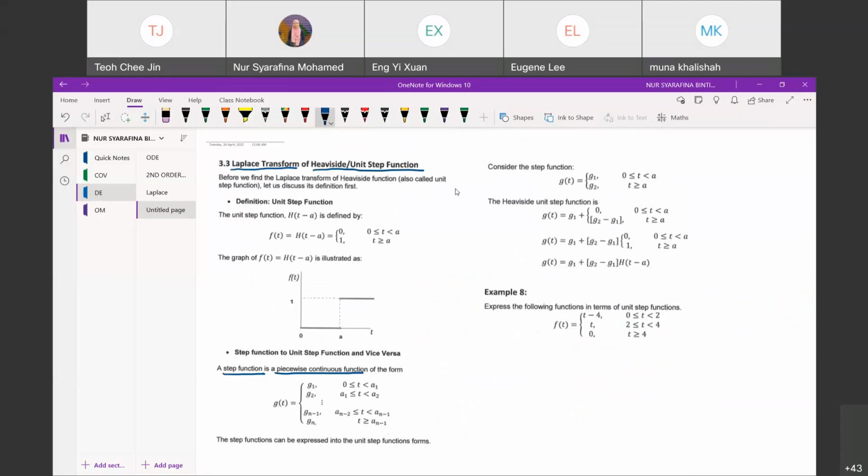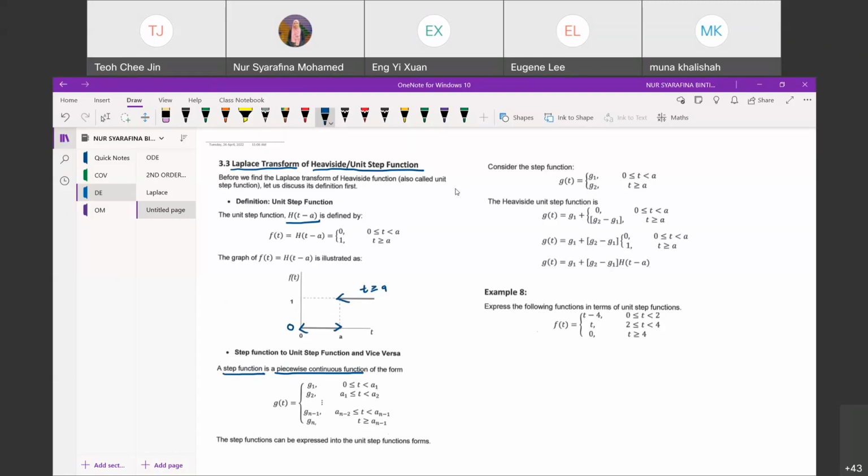The unit step function is defined by h(t minus a) equals 0 for t from 0 to a and equals 1 for t greater than a. Graphically, from 0 to a, it is 0, and from a onwards, it equals 1. So this is the definition of the unit step function.